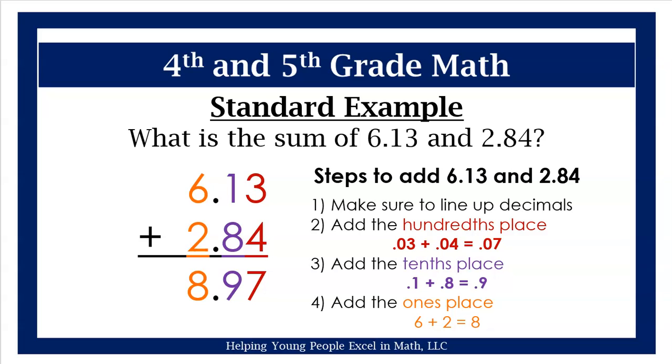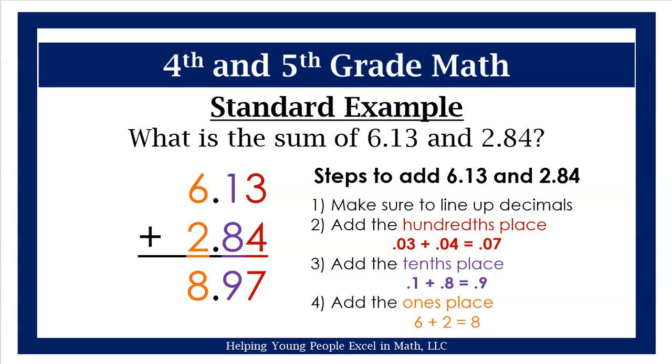First, we are going to add our hundredths place. So we have 0.03 plus 0.04 is equal to 0.07. Another way we can say it is 3 hundredths plus 4 hundredths is equal to 7 hundredths. Now let's add our tenths place.